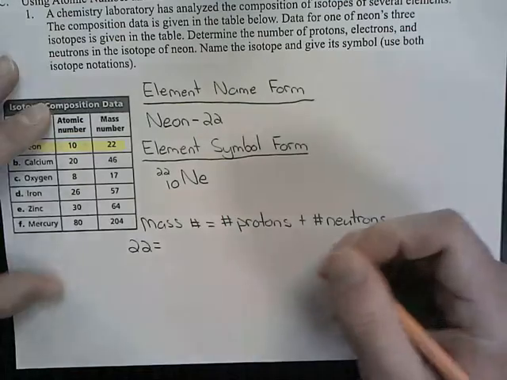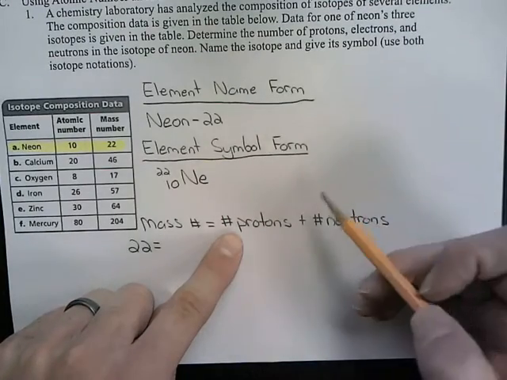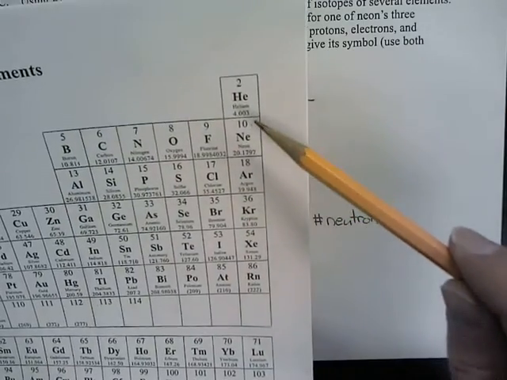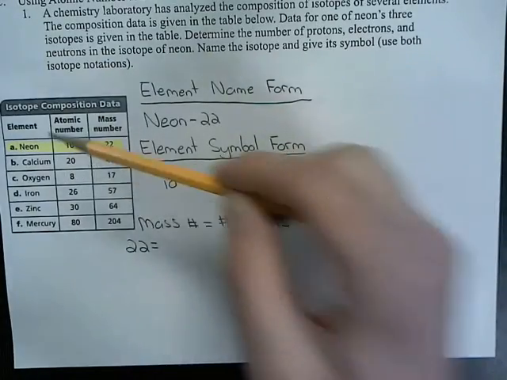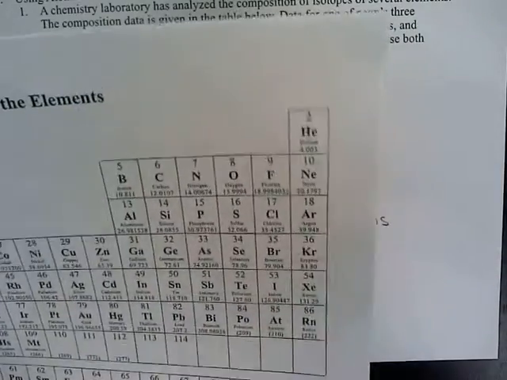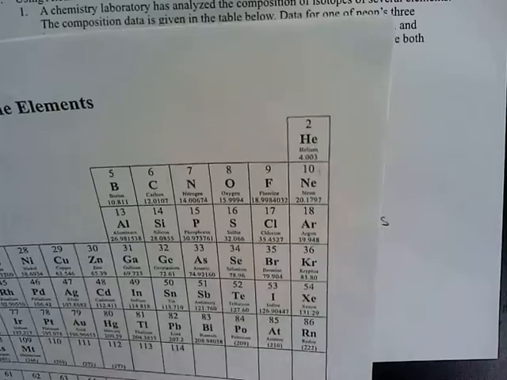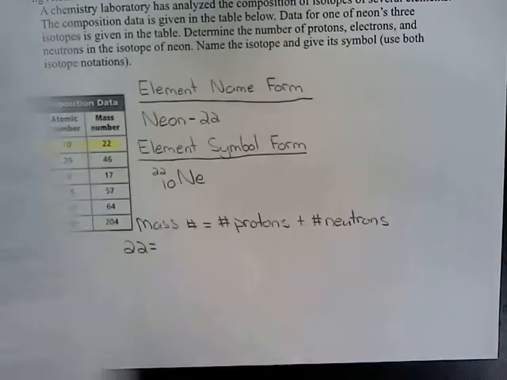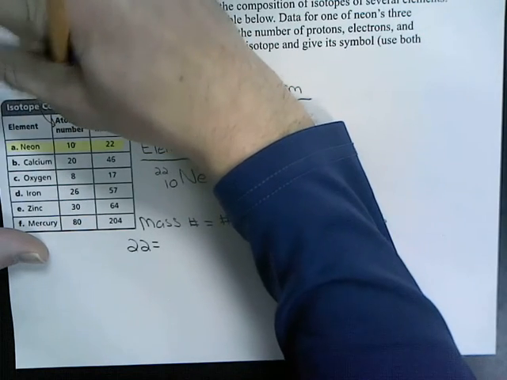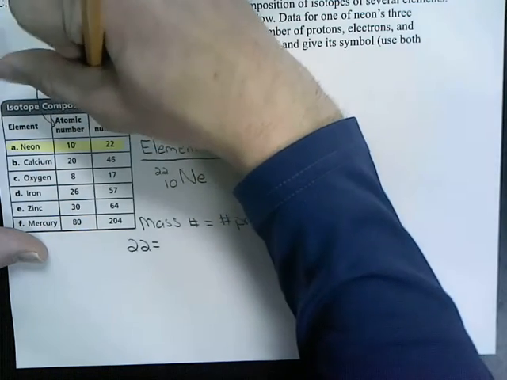Now the number of protons, it does not explicitly say what the number of protons is, but remember the atomic number 10, which is listed here in the chart, and is found on the periodic table, is unique to each element, and the atomic number is equal to the number of protons. So I'm going to put that here, equals number of protons.